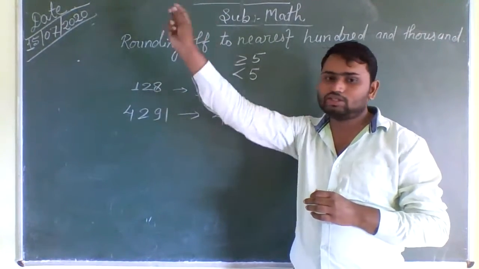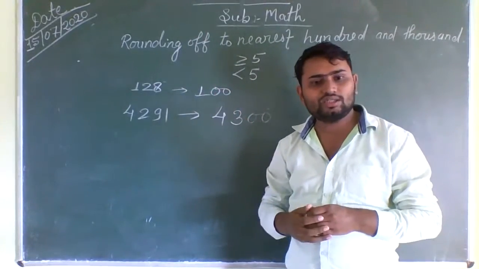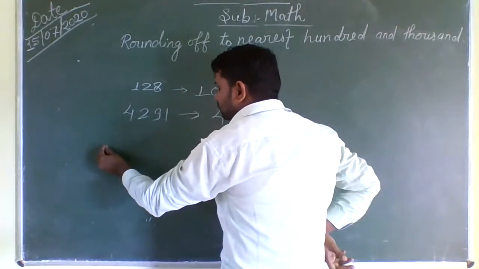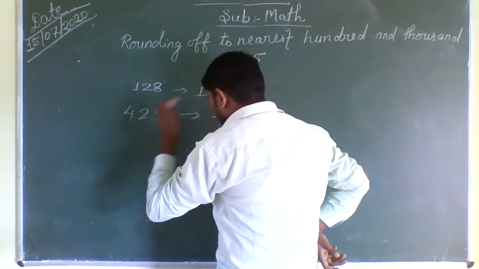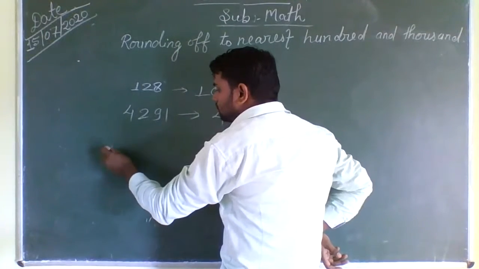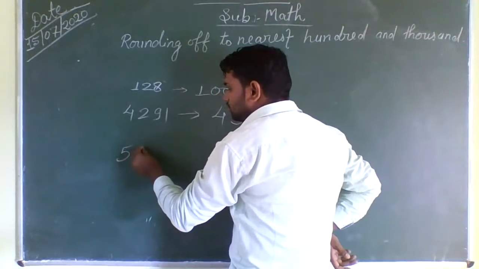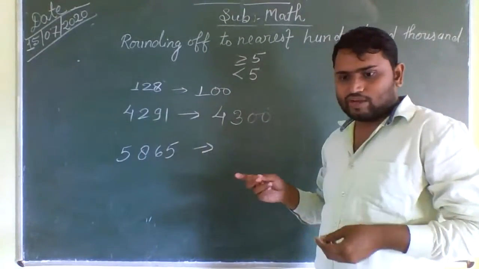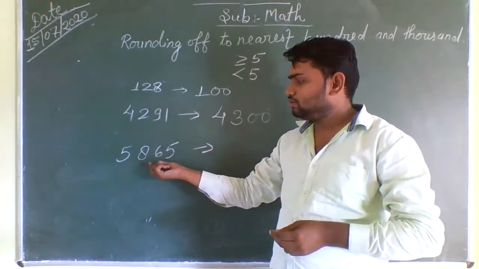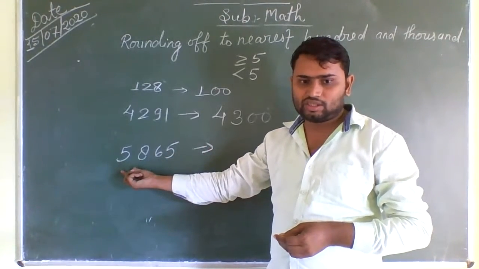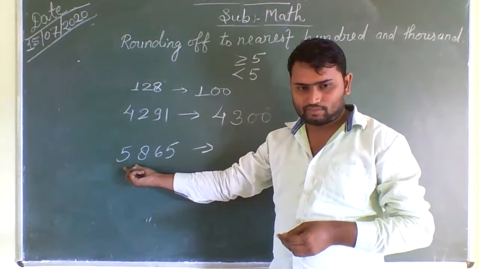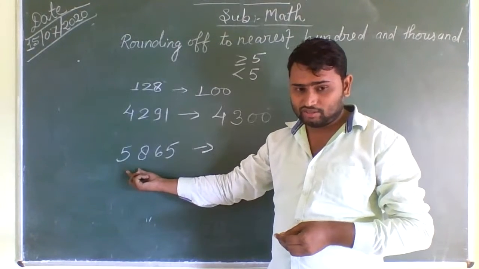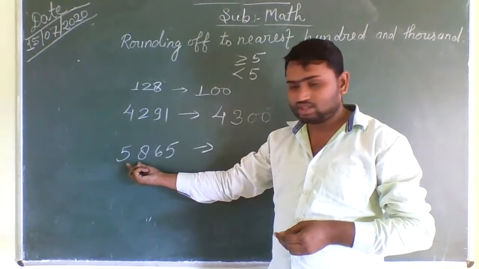And if it is greater than or equal to 5, then increase the digit at the thousand place by 1. For example, we have a number like 5,865. To find the nearest thousand, we will go to the digit at the thousands place, which is 5. Now see the digit just behind. Which digit is just behind?